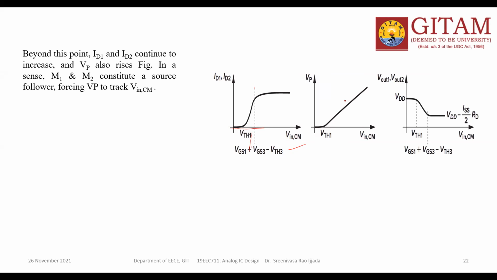Beyond this point, ID1 and ID2 continue to increase and VP also rises. In this picture, if you are increasing ID1 and ID2, then VP, that means VDS3, also increases.